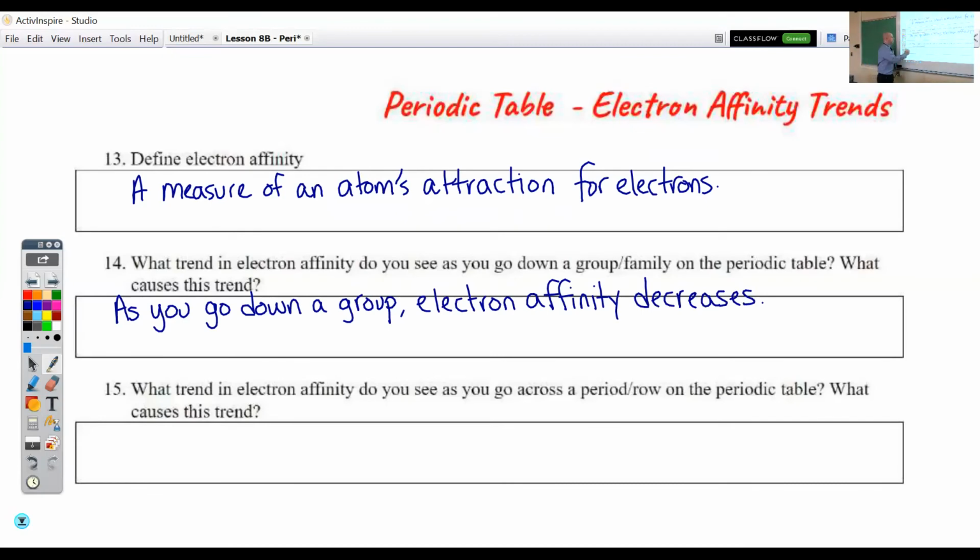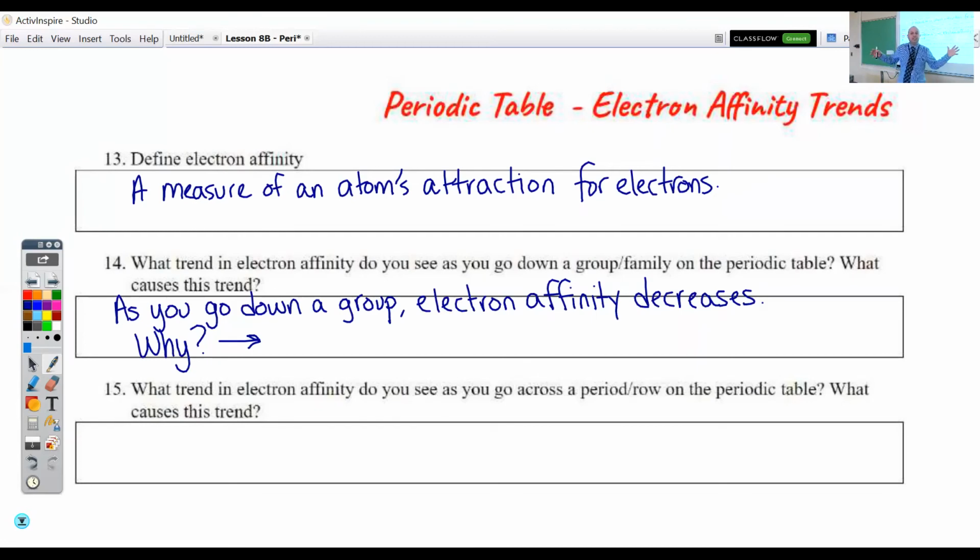Now, why is that? At the bottom of a group, the atoms are bigger. That means the nucleus is further away from any electrons that it's trying to attract. So the nucleus is so far away that it's not going to do a very good job of attracting electrons.